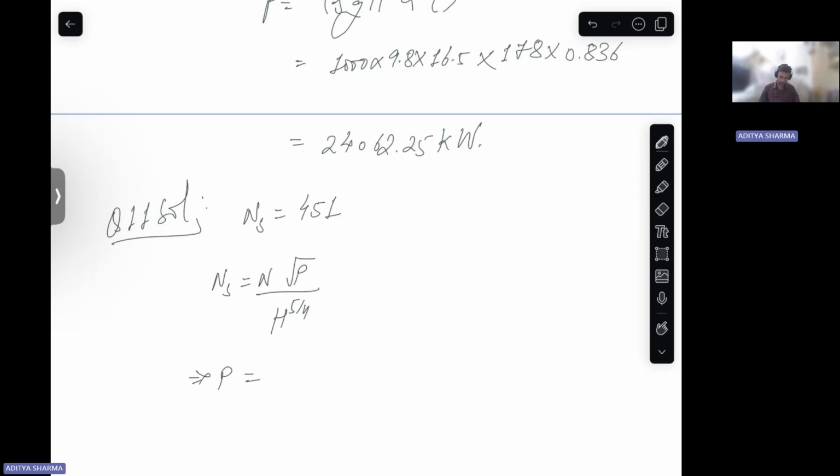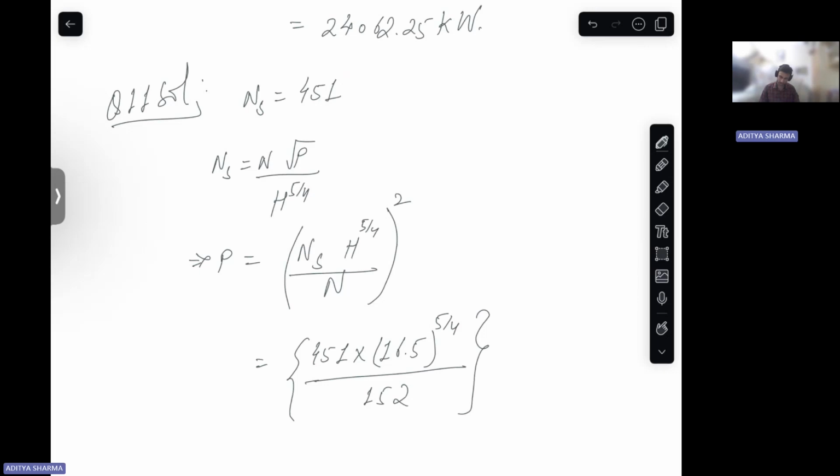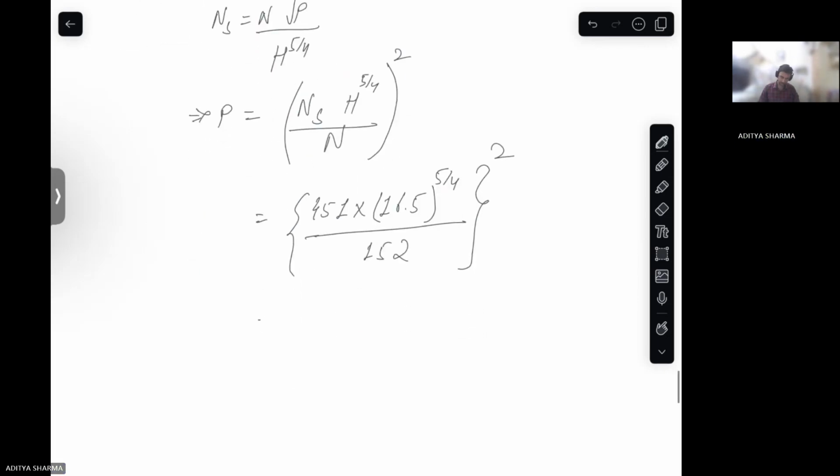So in that case, from one turbine, how much power can we get? Now if we place the values, RPM is this, squared.